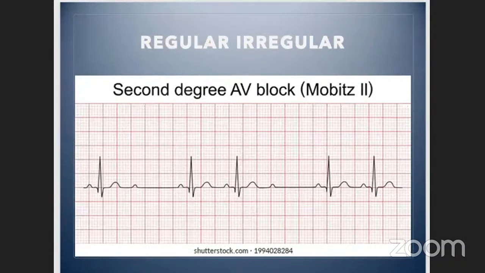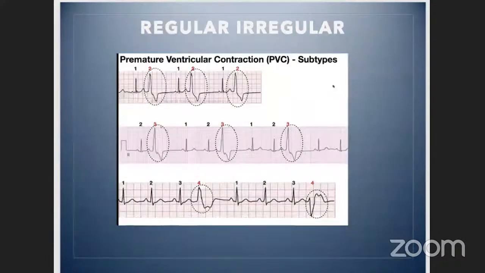So, sorry, just back to the previous slide, we can see that these are ventricular ectopy, not escape beats. The first would be bigeminy, the second trigeminy, and the fourth quadrigeminy, which cause an irregular beat. But for interest's sake, we can see that these are coming from different ventricular focuses.